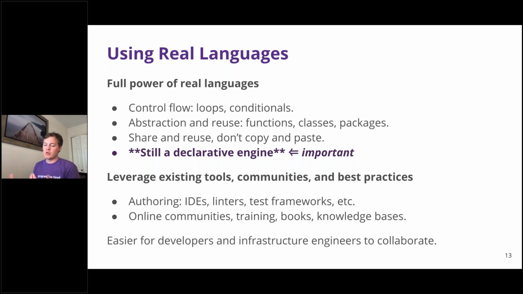And we want those to be closer together. We want those development teams to be able to iterate more quickly on their infrastructure. And so enabling our developers and infrastructure engineers to collaborate more closely, and more empowerment of our developers to do infrastructure, is a key thing we get from bringing it closer to the programming model that they expect from the languages they're used to working with.